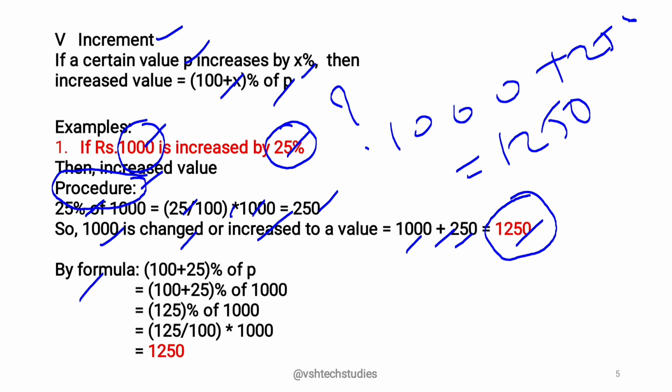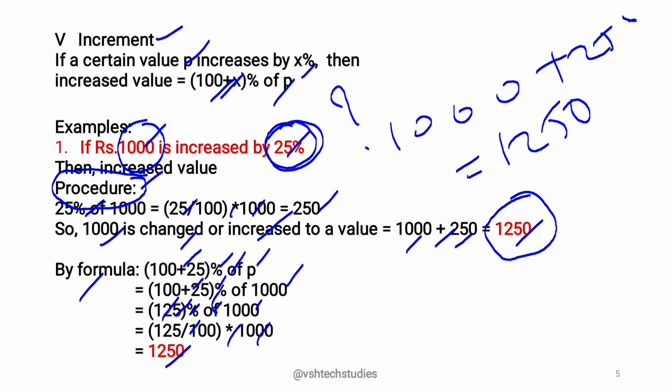But by the formula, we take 100 plus X percent of P. 100 plus 25, because the value is going to be increased by 25%. So 100 plus 25 percentage of P, where P means 1000. 100 plus 25 is 125, so percent as it is, of as it is, and the number is 1000. 125% means 125 upon 100, of means multiplied, the number is 1000.